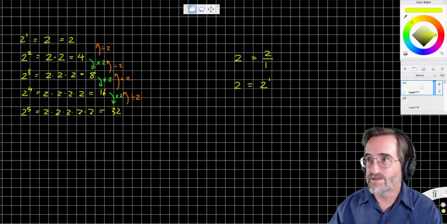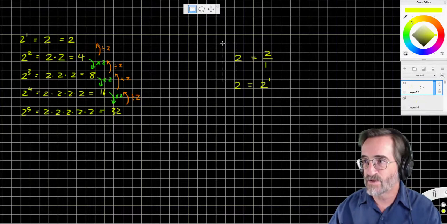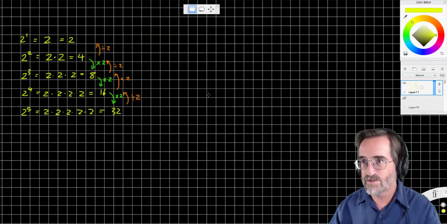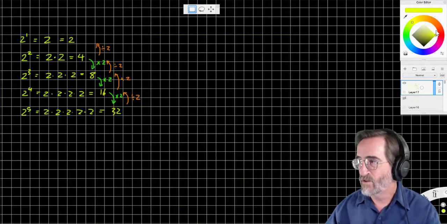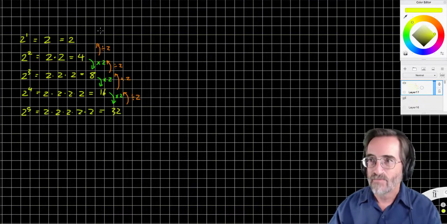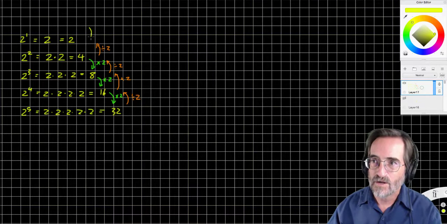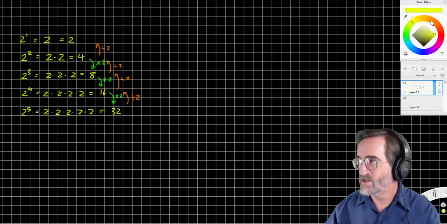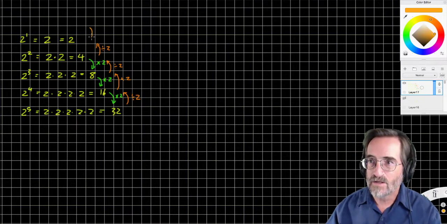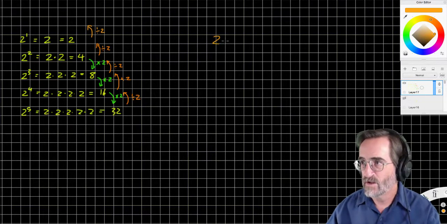All right, so let's take this pattern one more step. Let's divide by 2 again. What is 2 divided by 2? Think about it for a little bit. 2 divided by 2, or 2 over 2.